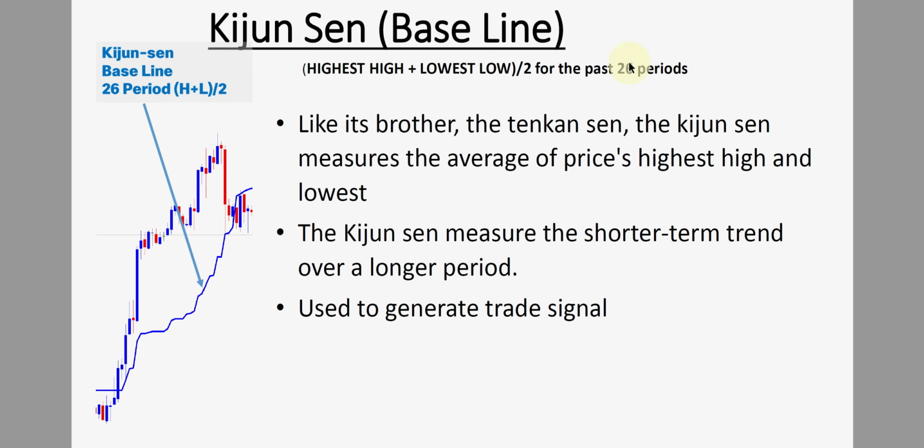Remember, the brother, the Tenkan-sen, is over 9 periods. The big brother Kijun is over 26 periods. It is also used to measure trend, even though over a longer period, and we use it to generate signals.